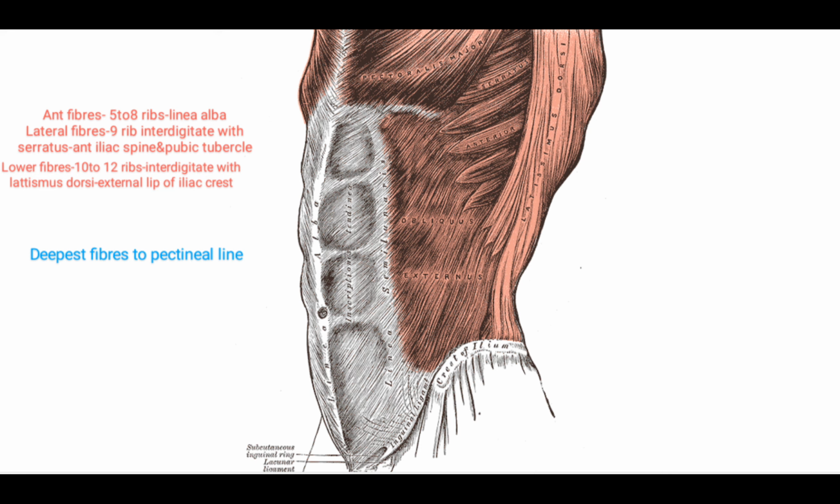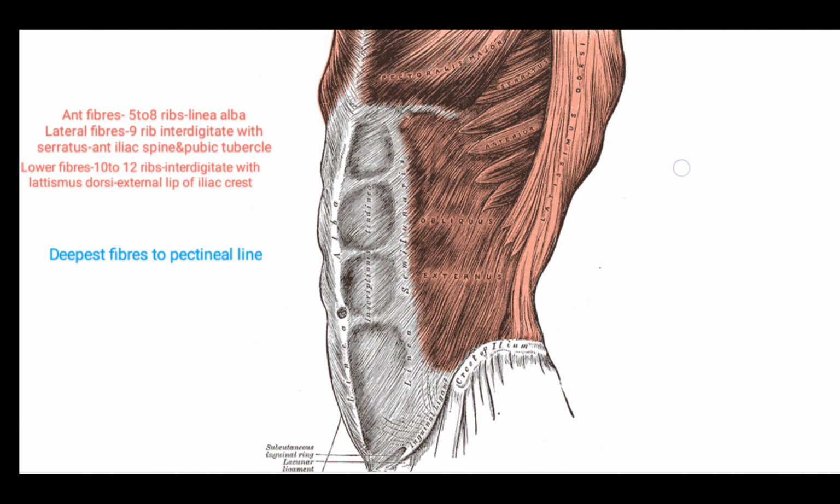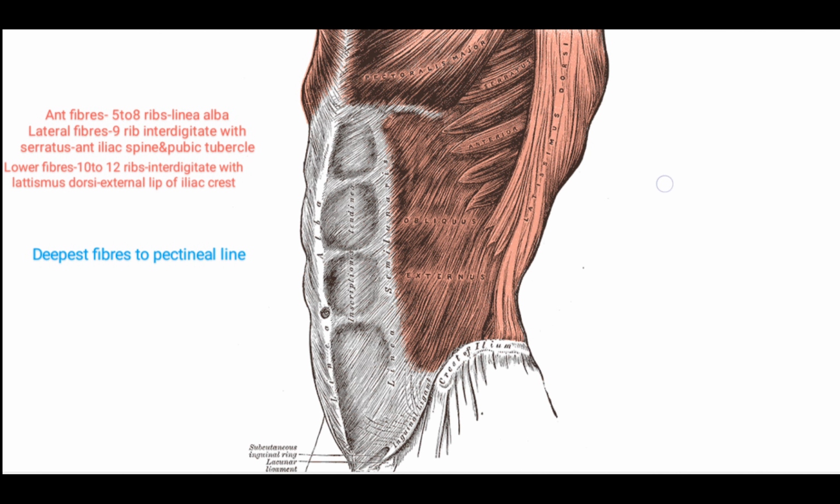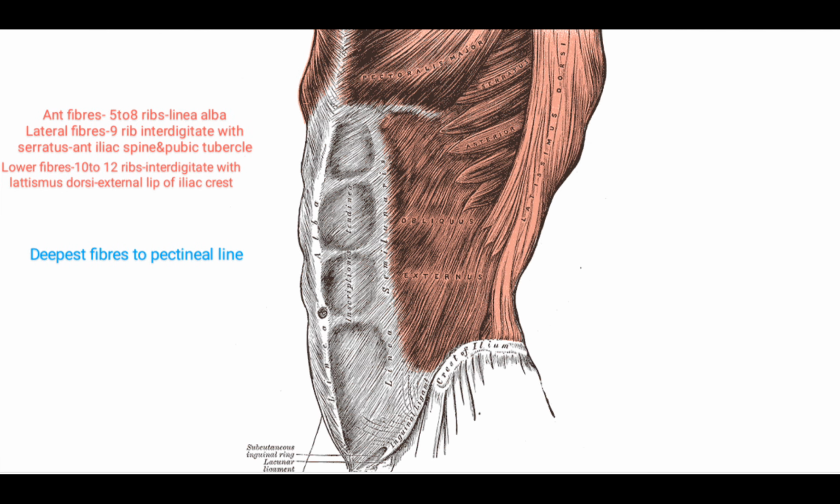And the innervation: its origin was from the 5th to 12th ribs, and the innervation is from the 7th to 12th thoracic nerves. T7 to T12 innervate it. The action of the muscle is flexion and rotation of the trunk, and it acts in forced expiration, micturition, defecation, parturition, and vomiting.